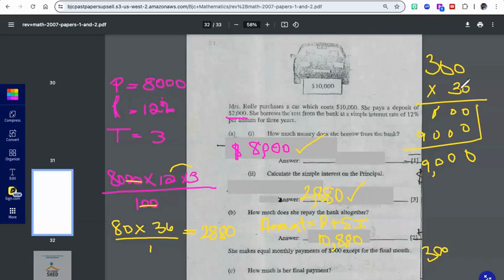Okay, so we know she makes equal monthly payments except for the final month. So that tells me 30 months, and if she paid $300, then that would be the 9,000. Right? What if I add an additional 300? I just keep doing it.